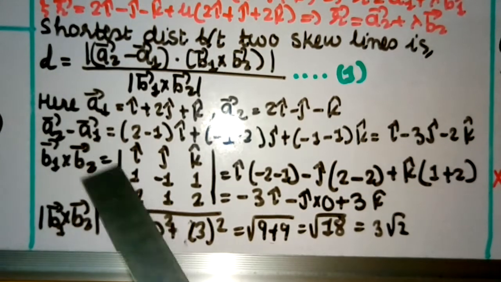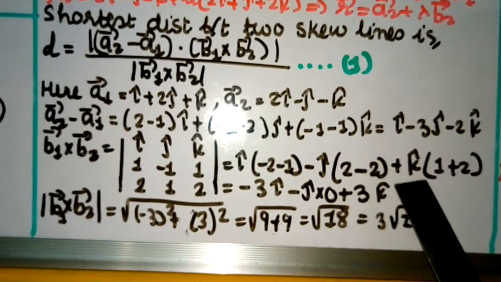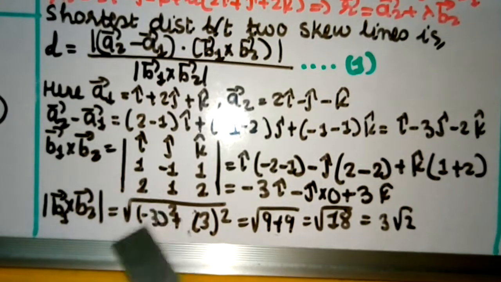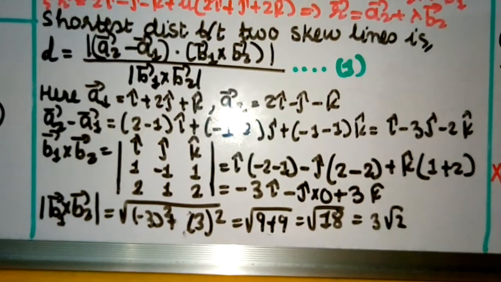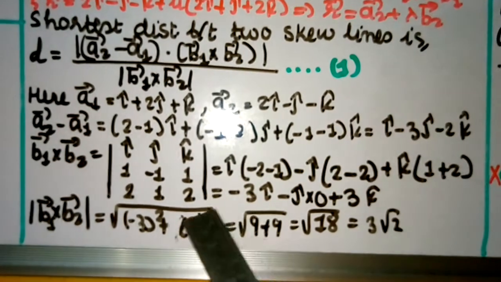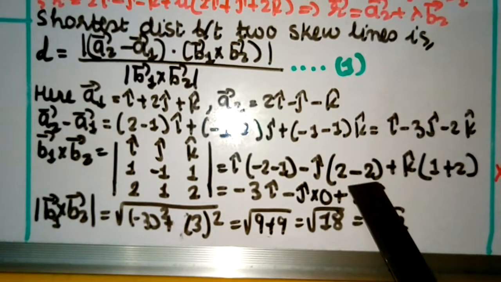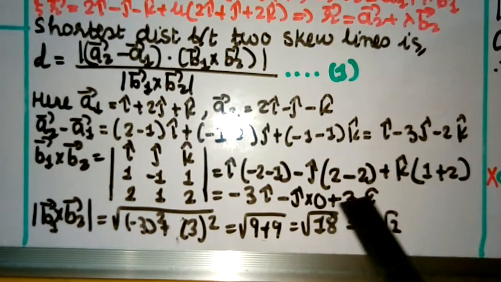Minus j cap: 1 into 2 is 2, minus 2 into 1 is 2. Plus k cap: 1 into 1 is 1, minus 2 into minus 1, that is minus 2, so it becomes plus 2 because there is a minus in the formula. So minus 2 minus 1 is minus 3 i cap, 2 minus 2 is 0 j cap, and 1 plus 2 is 3 k cap.